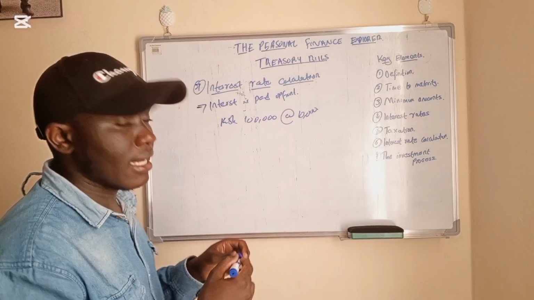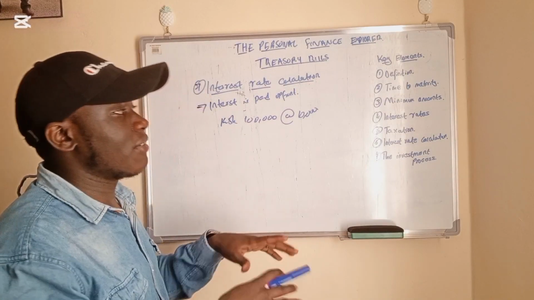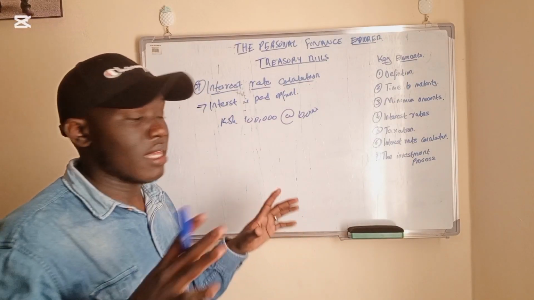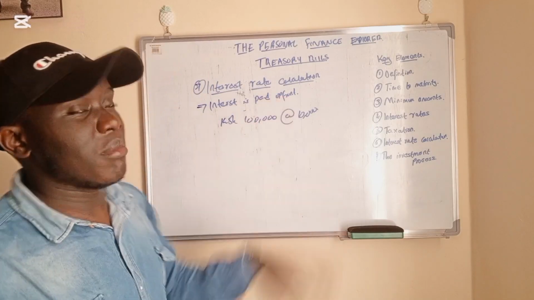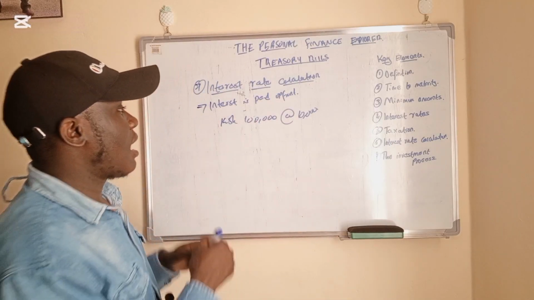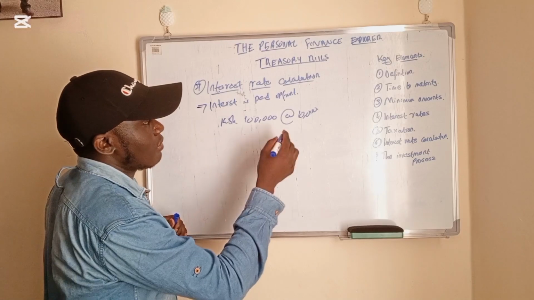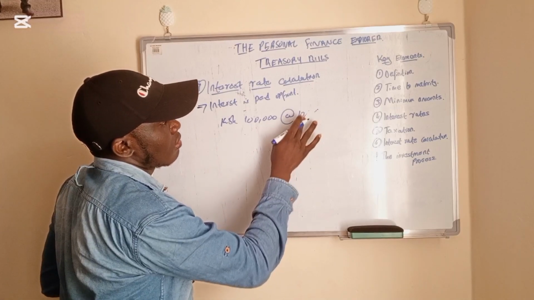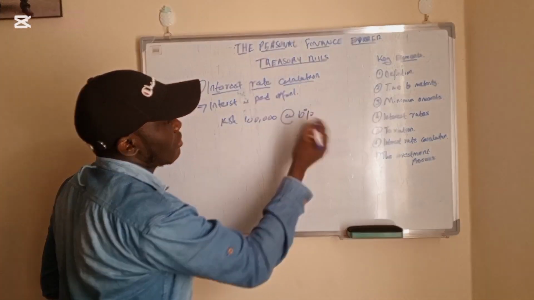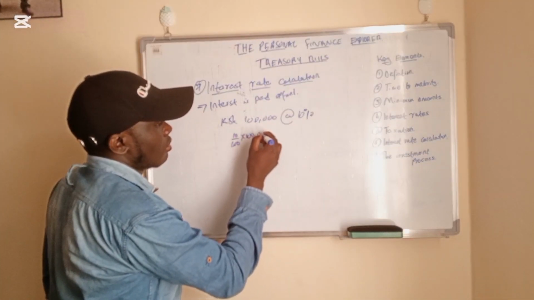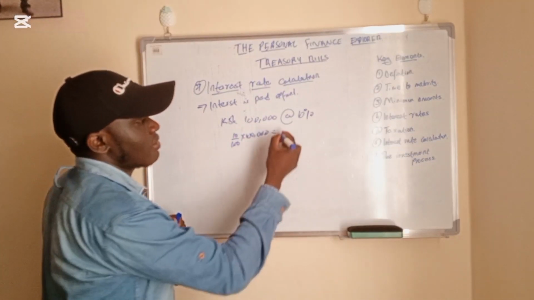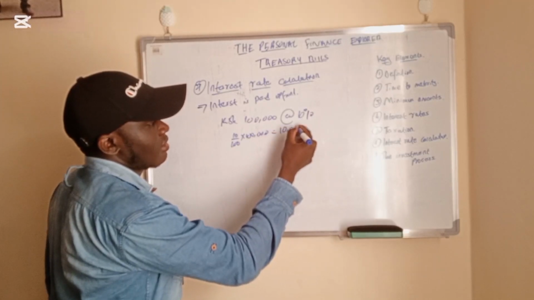Let's not factor in the tax so that we don't complicate things at this point of explaining what we mean by upfront. So what is 10% of 100,000? So 10% of 100,000 is 10,000.